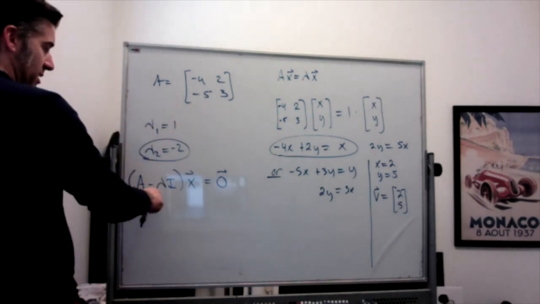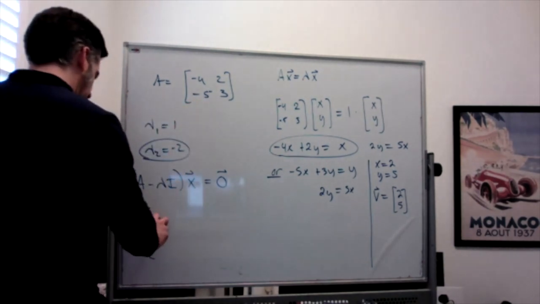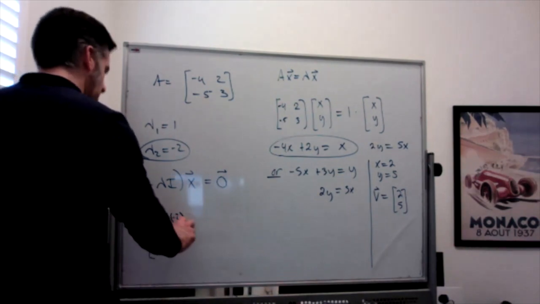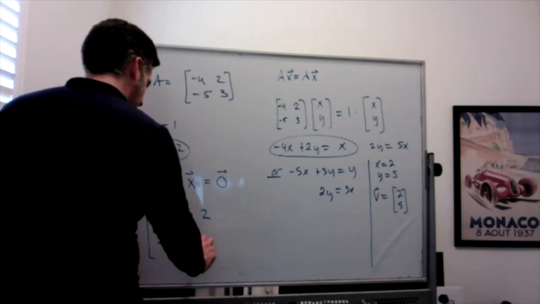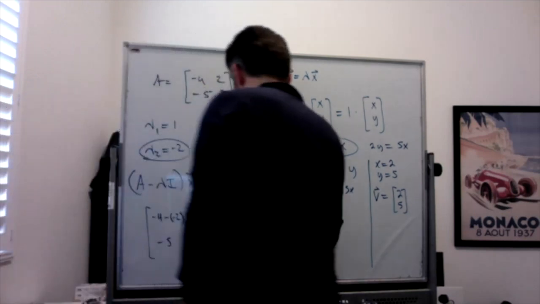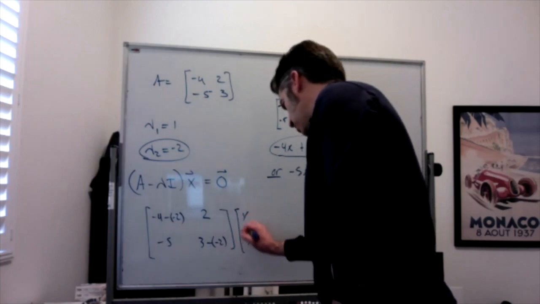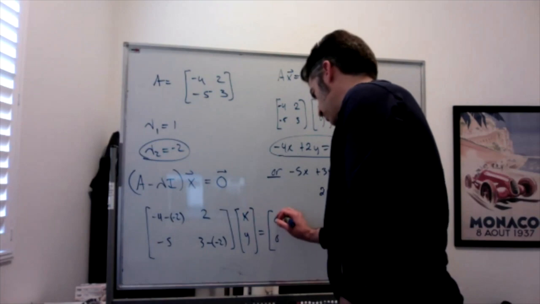A minus negative 2I is going to be the following: negative 4 minus negative 2, 2, negative 5, and 3 minus negative 2, times the unknown eigenvector equal to 0, 0.